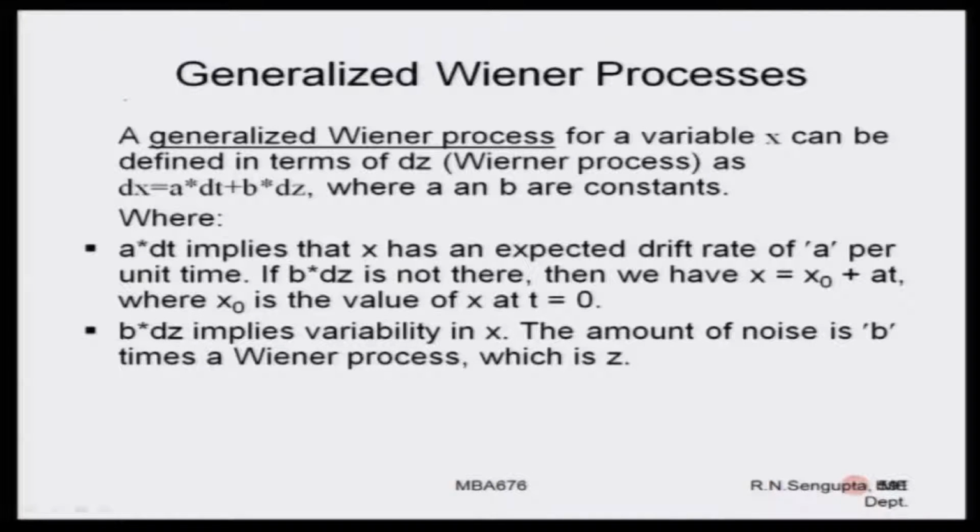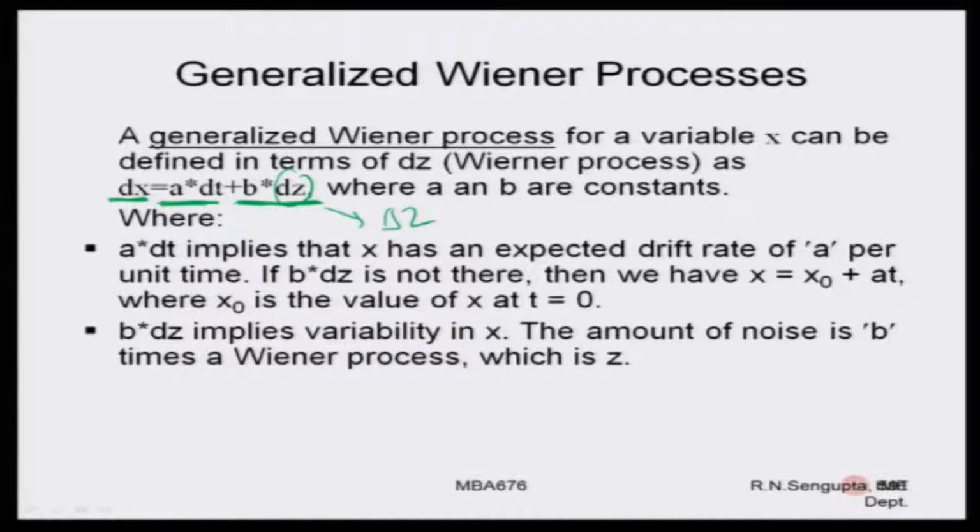Here dz is basically delta z, which you have already considered, a simple Wiener process. Now, the rate of change of dx would consist of two parts: one is a constant multiplied by the simple Wiener process, plus a constant multiplied by the rate of change of time.